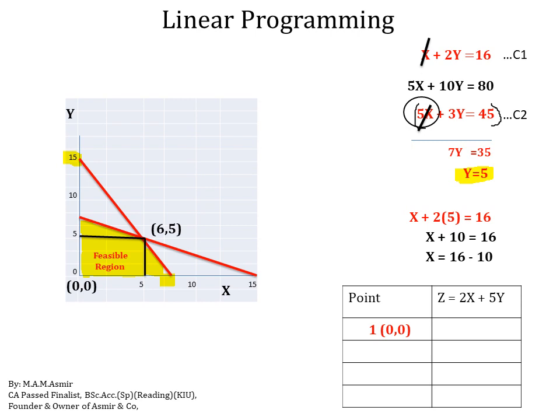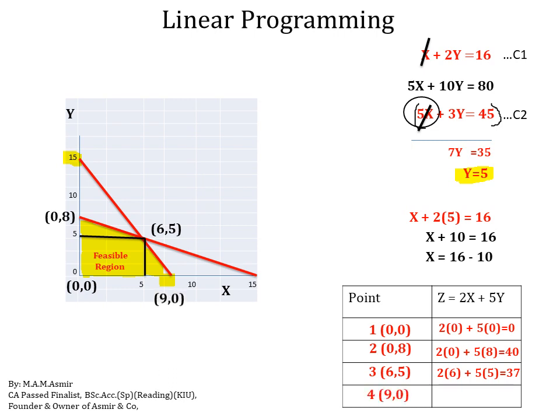Next, we determine the optimal solution point by finding the corner point that gives the best value of the objective function. In our question, the objective function is to maximize 2x plus 5y. As you see here, the objective function value is sometimes represented with z.